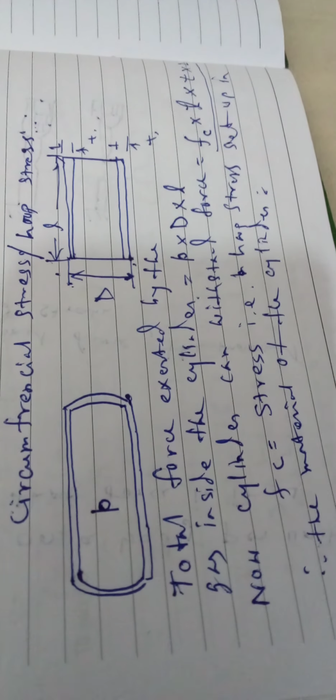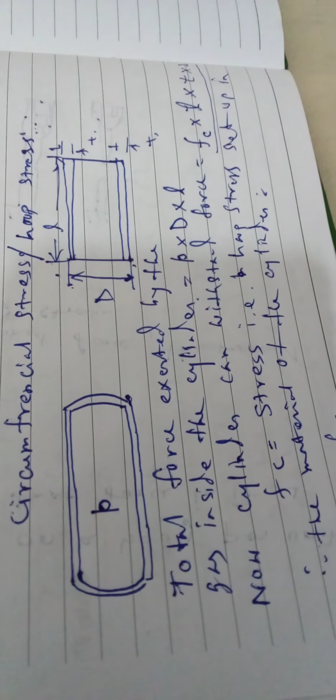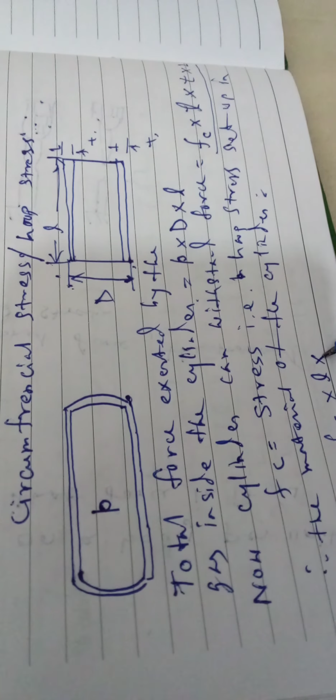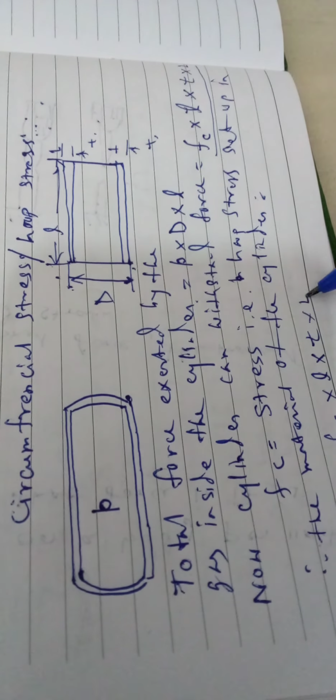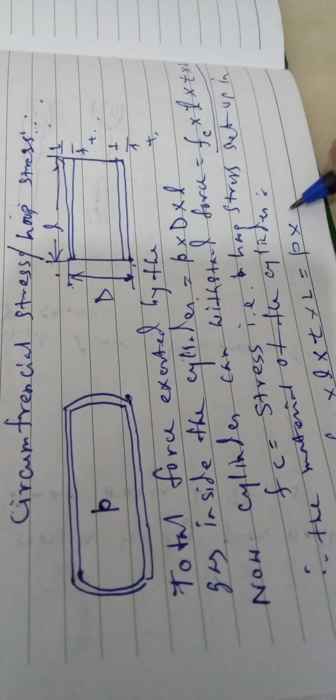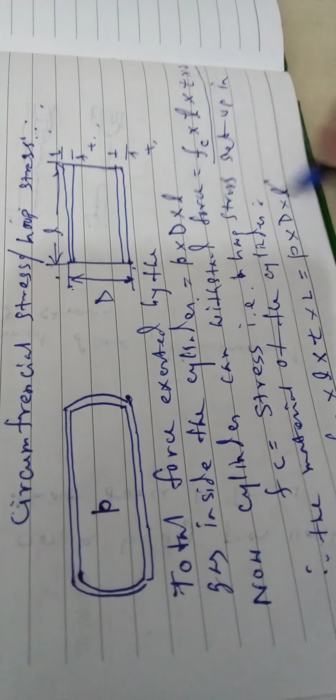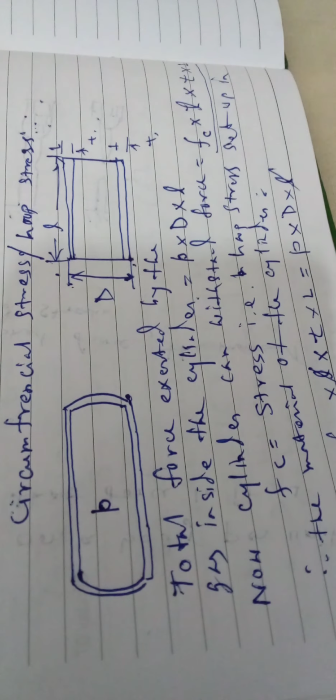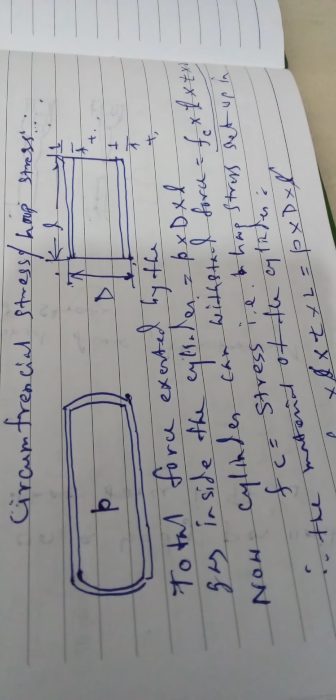Therefore, we can write Fc into L into T into 2 equal to P into D into L. L will cancel out because it is two sides.